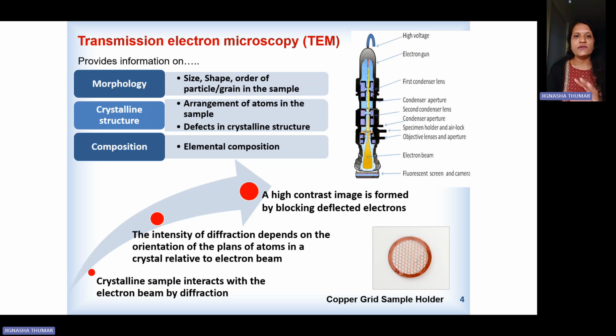The sample interacts with the electron beam by diffraction, and the intensity of the diffraction depends on the orientation of the planes of atoms in the crystal relative to the electron beam. This leads to the formation of a high contrast image, formed by blocking the deflected electrons. We can record this image and analyze it further.